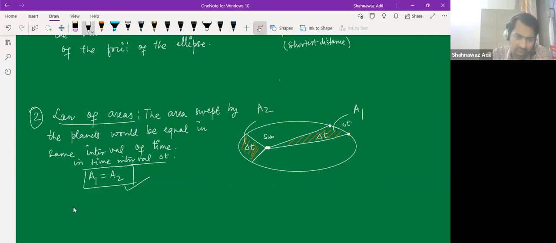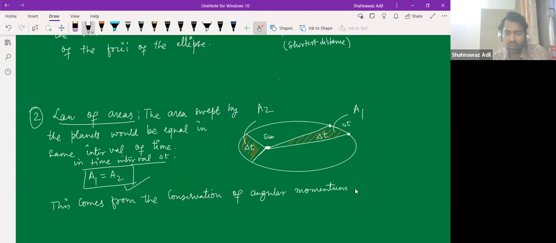And this comes from the conservation of angular momentum. So from the conservation of angular momentum, what can you guys tell about the speed at this region and the speed at this region?